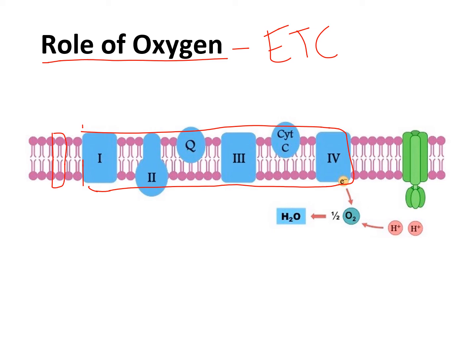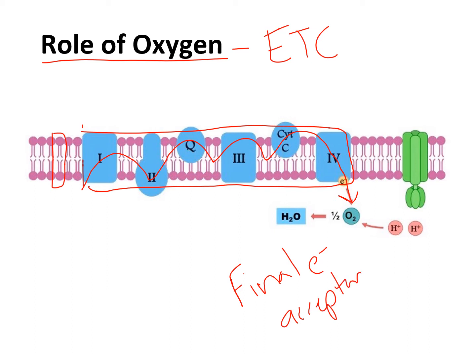And the electrons are going to be passed from molecule to molecule, and when the electron finishes being transported through the electron transport chain, it needs to go to a final electron acceptor. So I think of that as its final resting place.